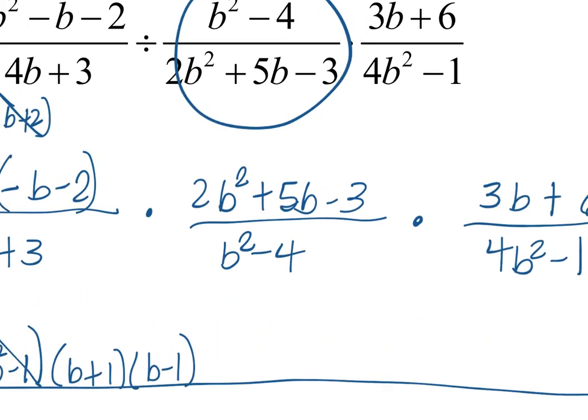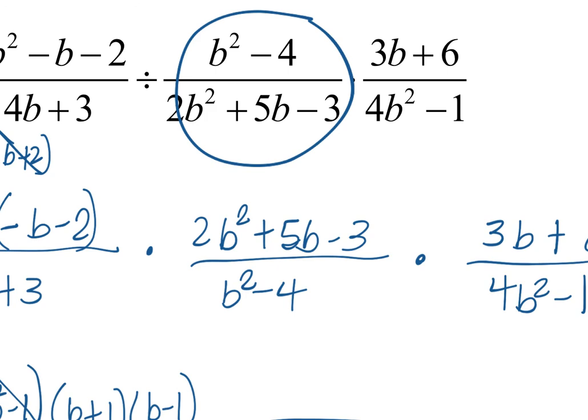Okay, let's look at 2b squared plus 5b minus 3. We're looking for what multiplies to give us negative 6, and what adds to give us that positive 5 in the middle. So you could say 6 times negative 1, that's negative 6 if you multiply, and it's positive 5 if you add them.